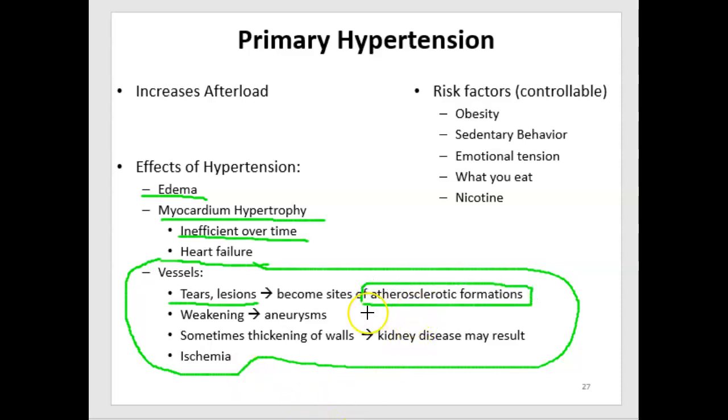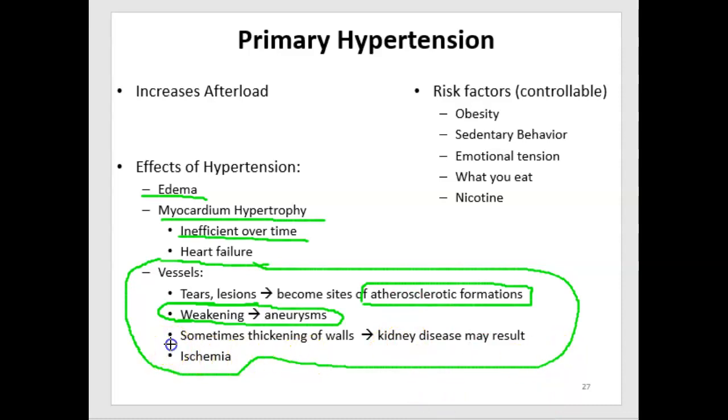And so atherosclerosis creates hypertension, the narrowing of the vessel. Where there are these formations, the sclerotic or hardening regions, you often get kind of a breakage of the lesion, and that weakens the wall and can cause an aneurysm. And we talked about aneurysms when we did the blood vessel lecture.